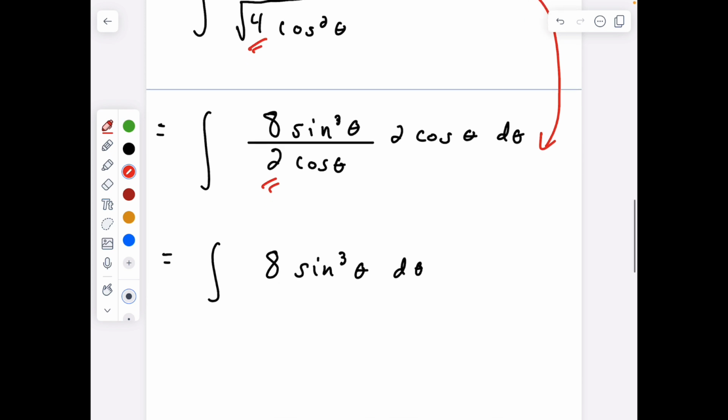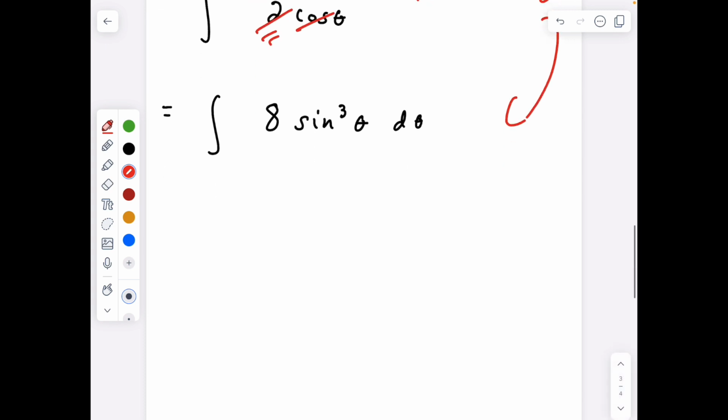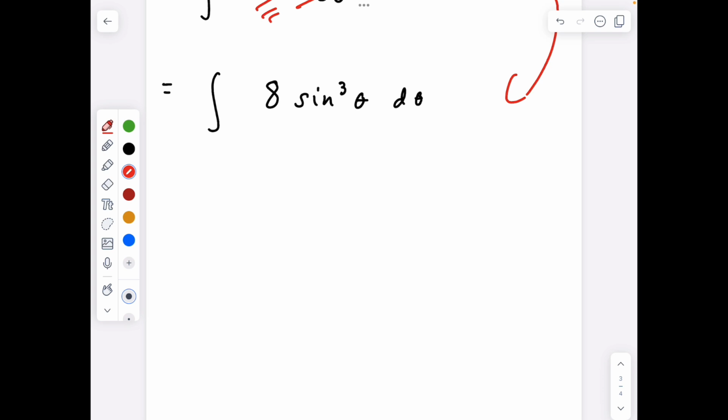Okay, and all I did here from this line to the next was cancel out the cosines and the 2, and you have that expression left. Now, how do I go about solving this part? When you get to this integral, when you simplify everything out, there's a bunch of techniques that you can use. In this case, what we're going to be using is a trigonometric integral.